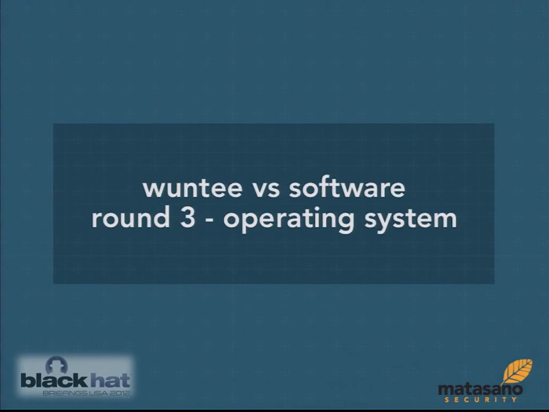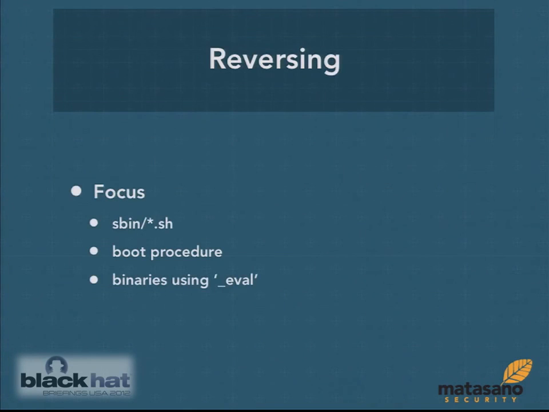So the next thing, I've got all these files now in a directory, and it's a boot file system. So I wanted to try to start reversing them. Again, my goal is to gain access to this device, and all I have is up to a Linux boot prompt or a Linux login prompt. So I started reversing the applications that were in here, and there were three main focuses of the reversing.